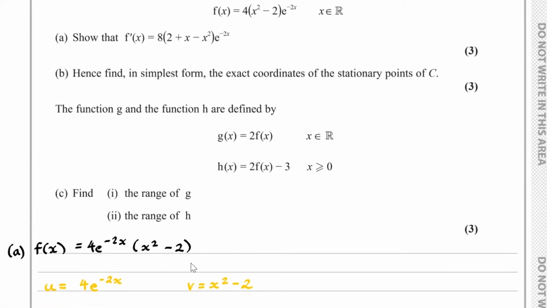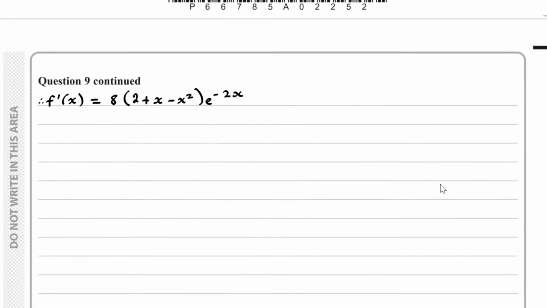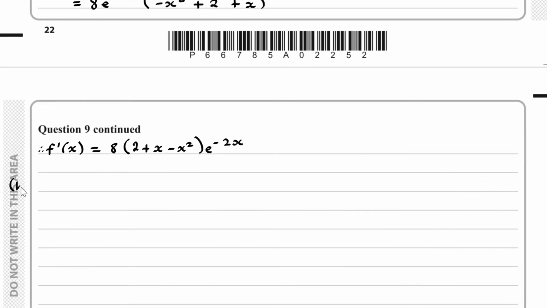And now for part B: hence find in simplest form the exact coordinates of the stationary points of C. Whenever we see the word stationary points, we should instantly be thinking to ourselves, the first derivative is equal to 0. So for part B, we have f dash of x equal to 0.